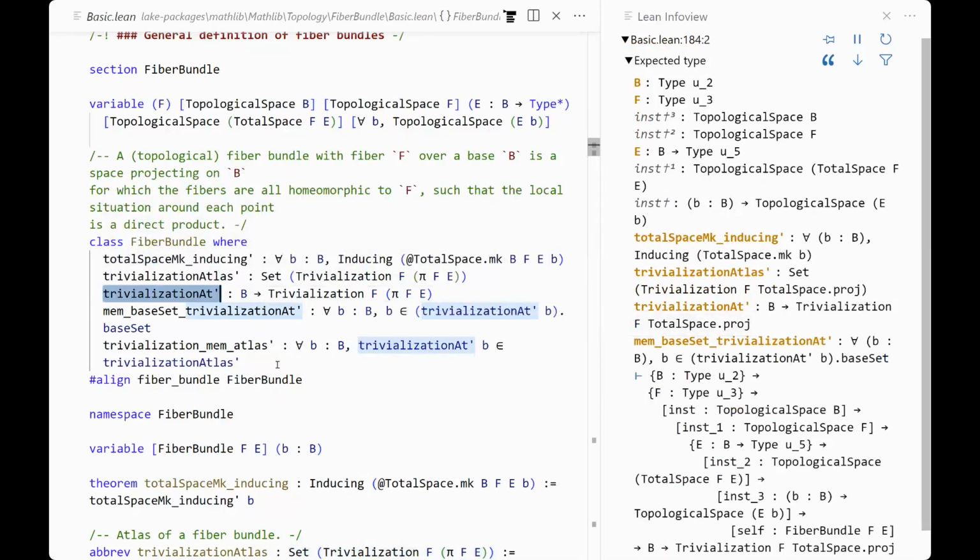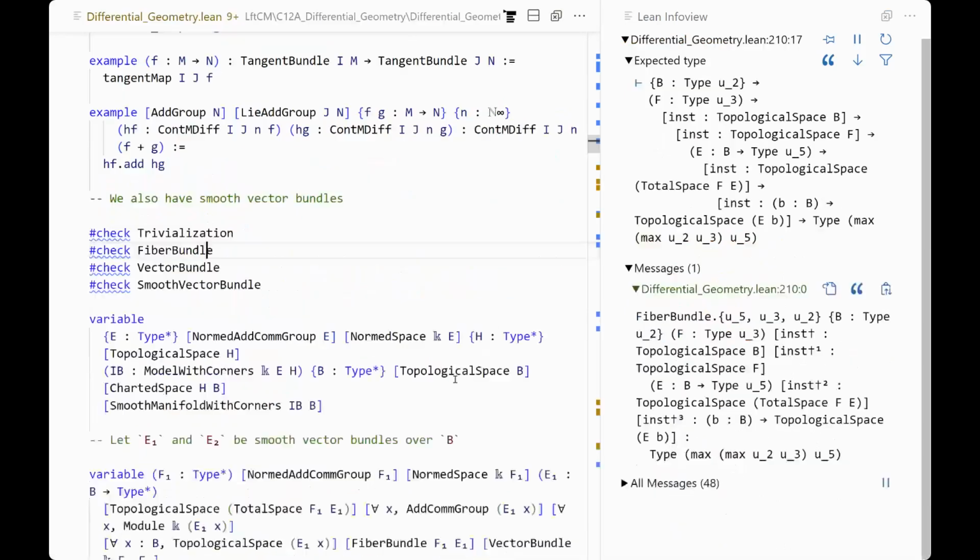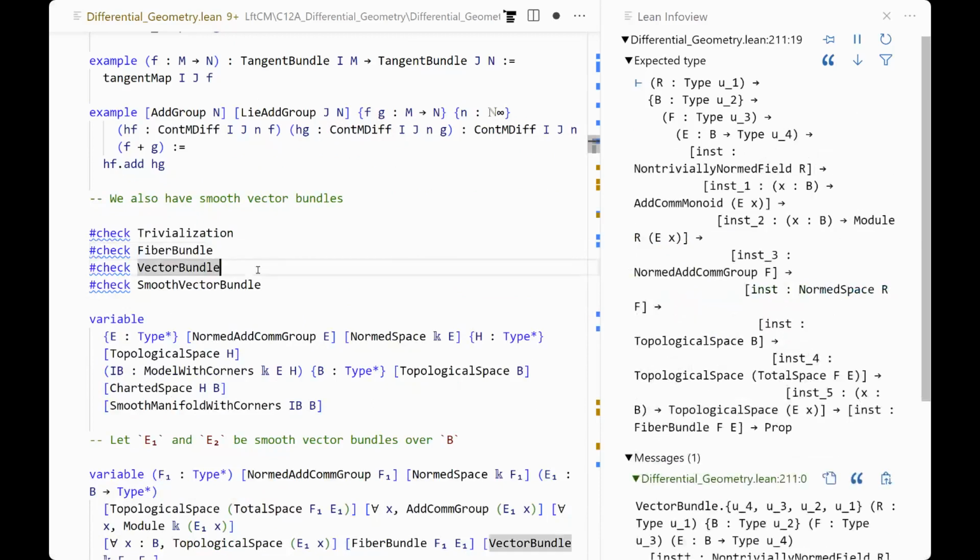And then the same two conditions: that the point actually lies in the base set of the trivialization, and that this canonical trivialization lies in the atlas. And then we have vector bundles. So that has the additional condition that this fiber is a vector space, and that this map is fiber-wise linear. So if you take a fiber over a single point, and then a fiber here, then the map induced on those fibers is linear.